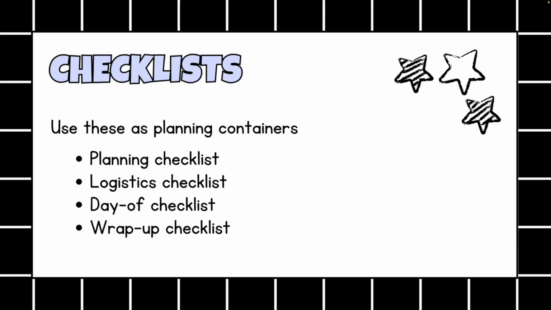Everyone knows what a checklist is, as I mentioned before, but these are four main checklists I would recommend taking a look at. The planning checklist is going to include tasks like setting objectives, securing a venue, and booking vendors, right? The logistics checklist is going to be more the nitty-gritty details like transportation, equipment, and communication with team members. The day-of checklist is going to ensure everything runs smoothly from setup to execution, right? And then the wrap-up checklist.